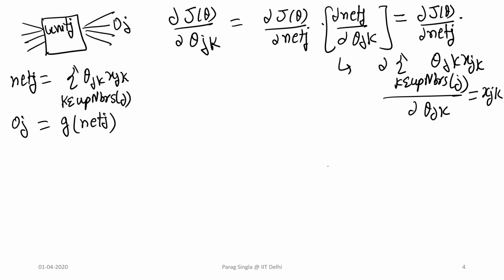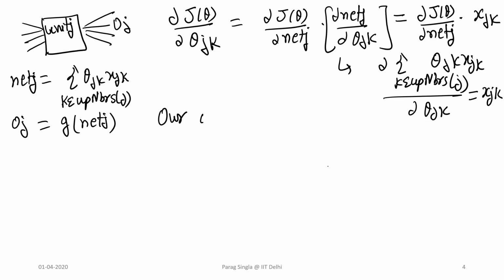This is the quantity we compute, but to get the desired gradient, we then multiply this by xjk, which is the input from unit k to j based on the current set of weights. So this can be computed based on the current set of weights.